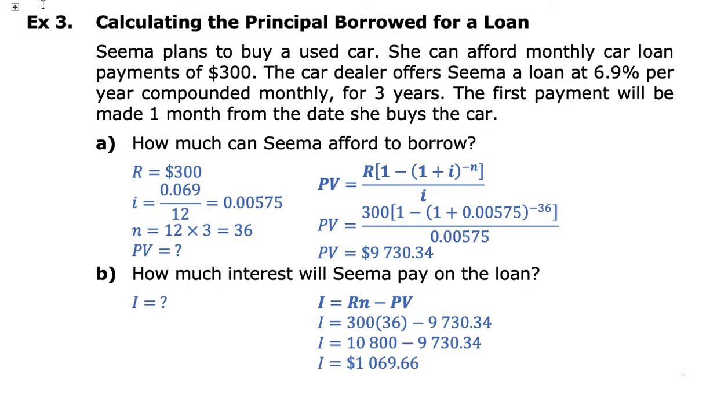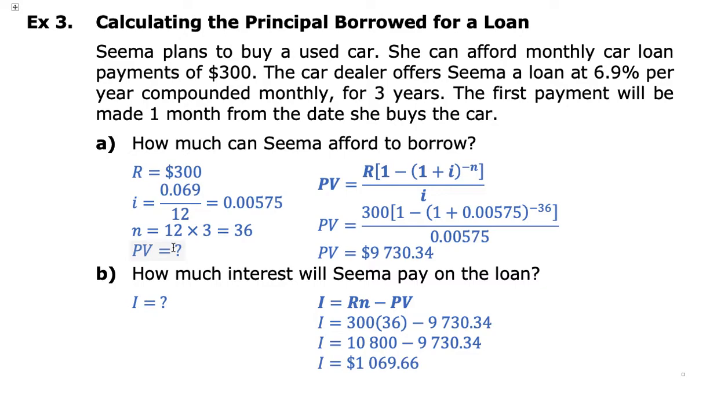Now, how much can Sema afford to borrow? We're talking about the regular payment that she's making for her car. The interest rate is 6.9% per year compounded monthly, so take the annual percentage rate, APR, divided by 12. And here's our factor for calculating interest. And then the number of periods.